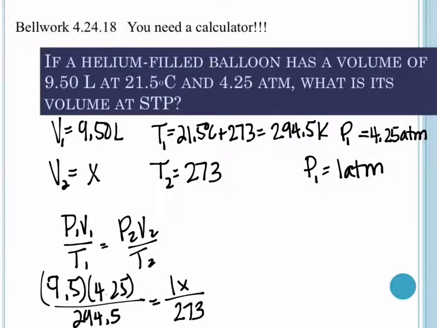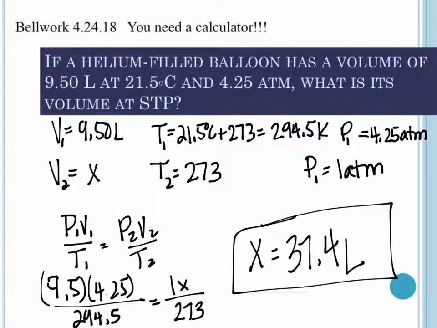And you plug that all in the calculator, you should get x is 270, not 270, 30, what do we say? 4. And the unit is L, big L. Okay.